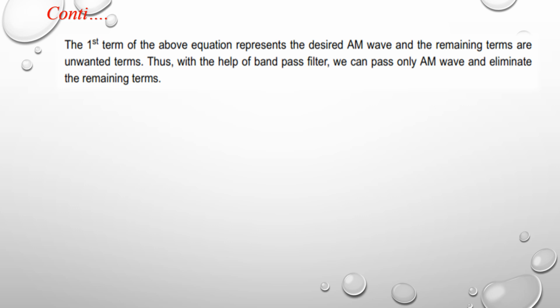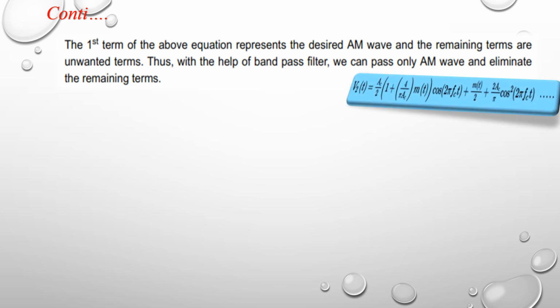Thus, with the help of the band pass filter, we can pass only the AM wave and eliminate the remaining terms. The last two terms are m of t by 2 plus 2 Ac by pi cos square 2 pi fc t, and using the band pass filter we can easily eliminate them.